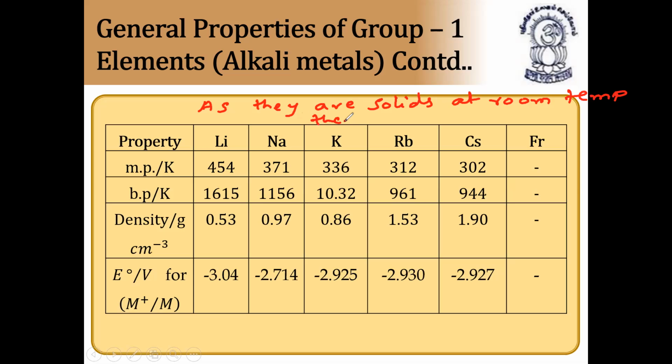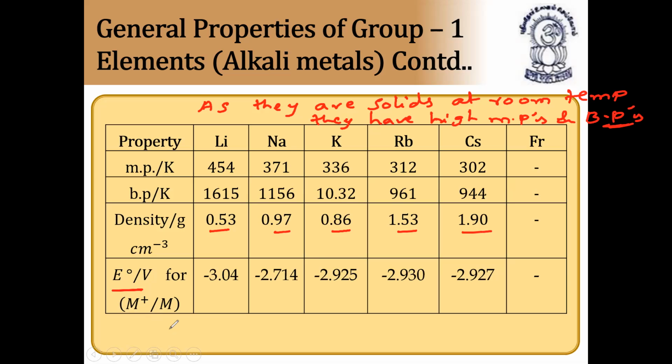So please make a note of it. Next, density 0.53, 0.97, 0.86, 1.53, 1.90. So as we go down the group, the density increases.